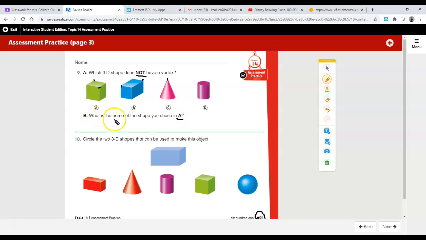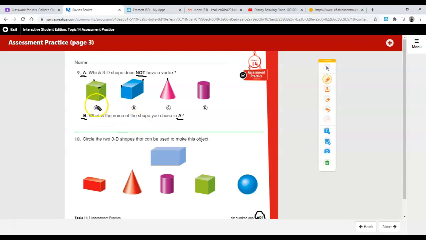So what is the name of the shape you choose in A? It's not asking what the shape is called for answer choice A. Number 9 has a part A and a part B. It's asking whichever answer choice you fill in, what is the name of that shape that you answered?